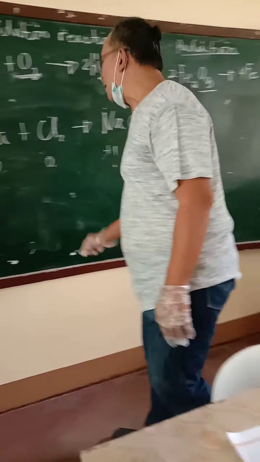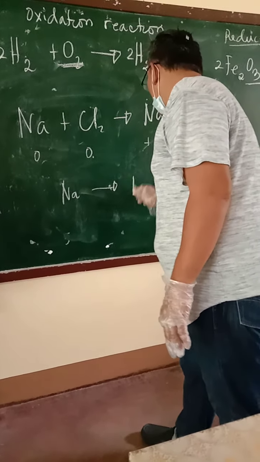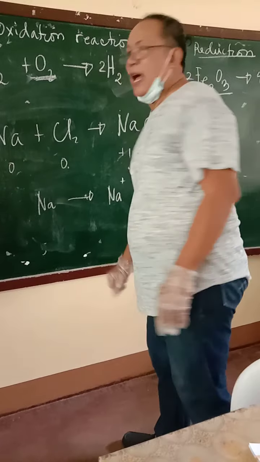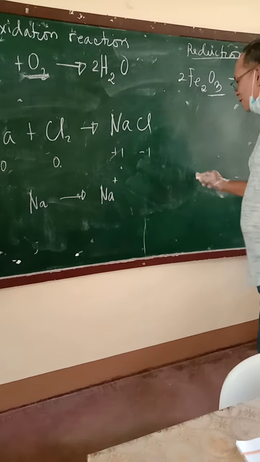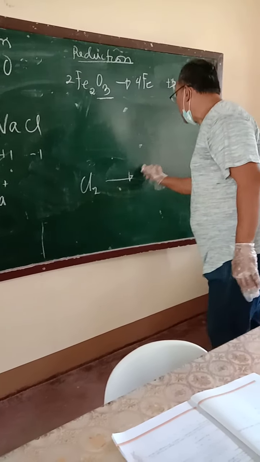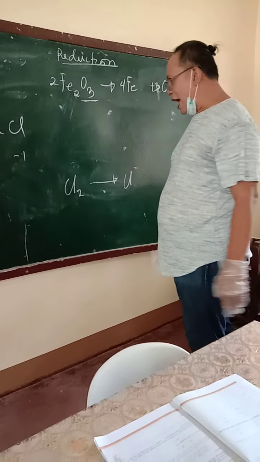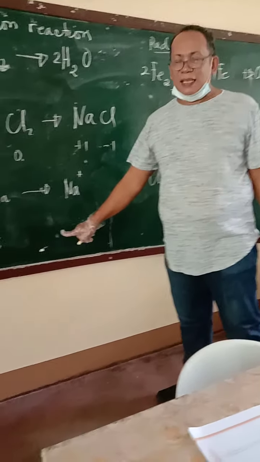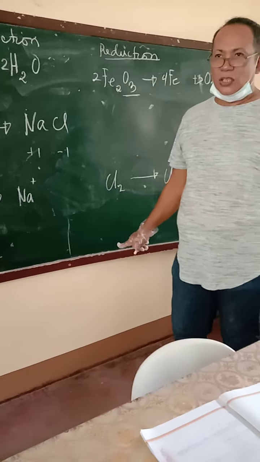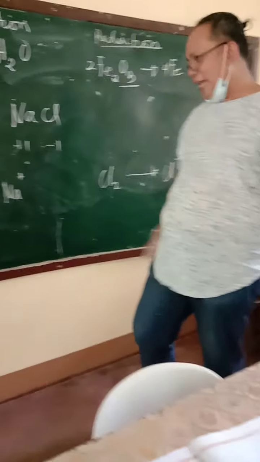So look at this one. Gikan sa sodium 0, nahimo siyang sodium positive 1. For in the case for chlorine gas 0, nahimo siyang chlorine ions. So, asa man dinhi ang oxidation o ang reduction? Okay, ganito.